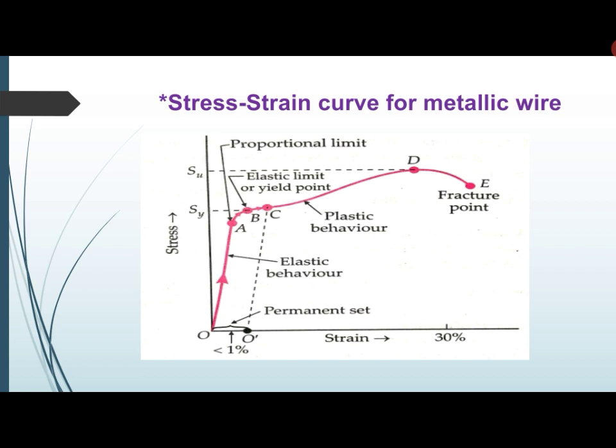So the portion OB of the graph is called the elastic region, and this point B is called the elastic limit or yield point, and the stress corresponding to this point B is called yield strength.